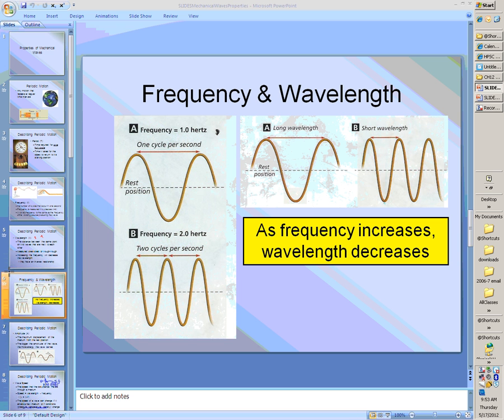So as far as these pictures go, they're just showing that idea, right? On the left-hand side here, 1 cycle per second, 2 cycles per second. But if you're going to take 2 waves in the same amount of time that one wave needs to take, how big does that wave have to be? Got to be short. Okay. Let me grab this picture here.